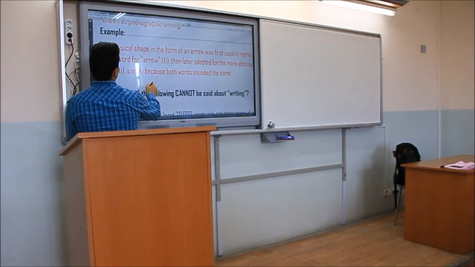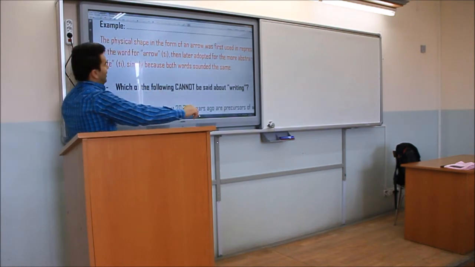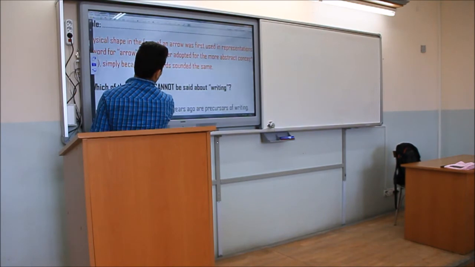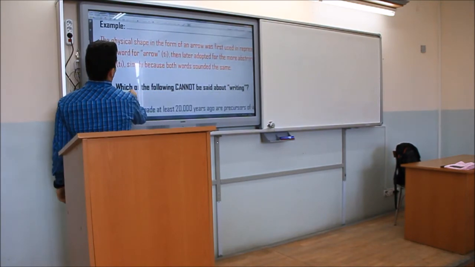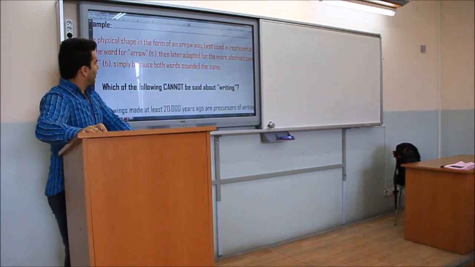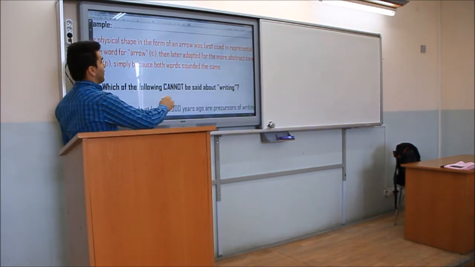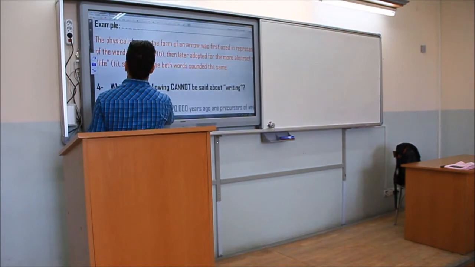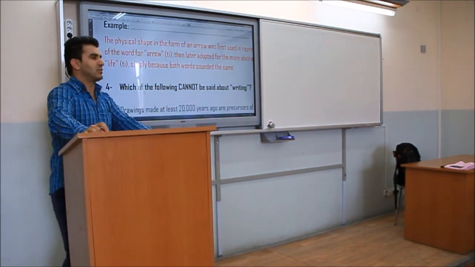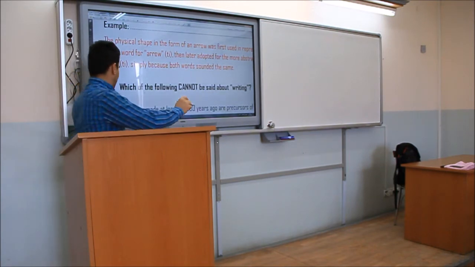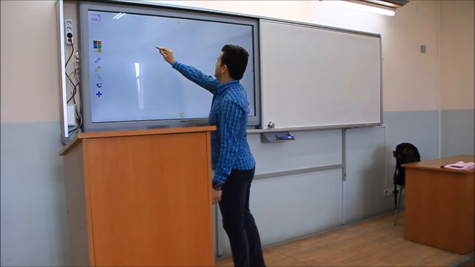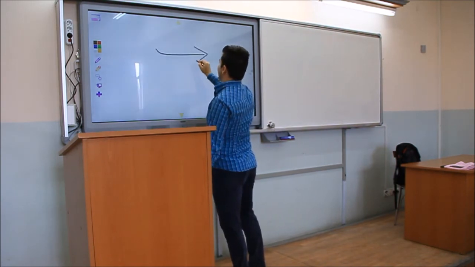The sounds. For example, the physical shape in the form of an arrow was first used in representations of the word arrow, T. Okay? And then later adopted for the more abstract concept, life, T, simply because both words sounded the same. Okay, let me draw. I think it was something like this.